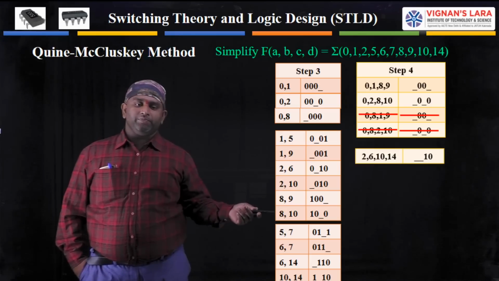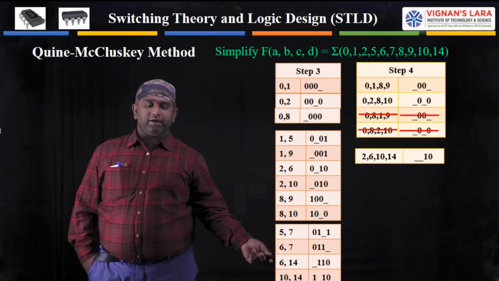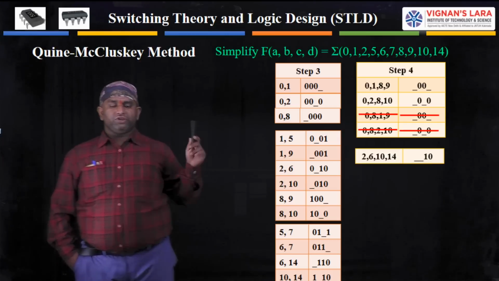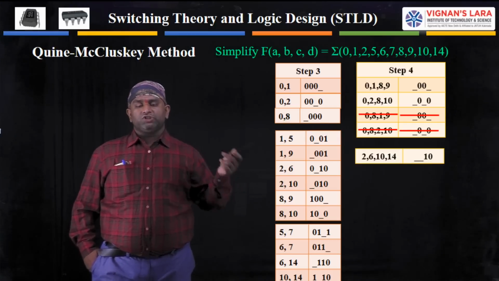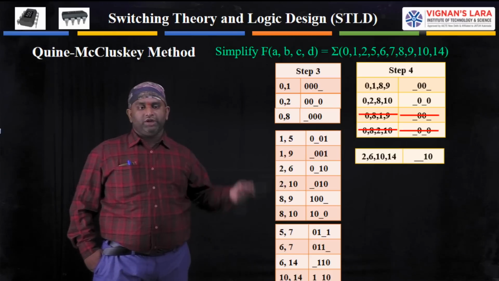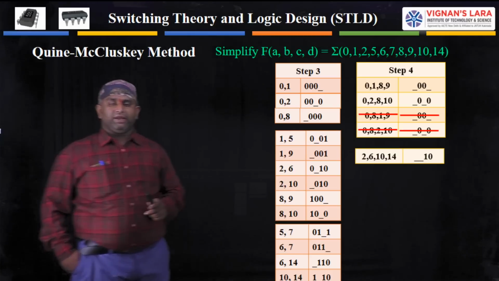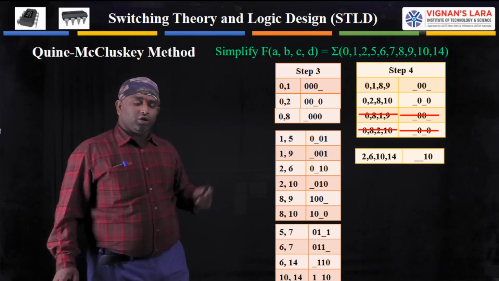Next, coming to 10 comma 14, that is 1 dash 1 0, so the first bit is 1 and the remaining bits are dash 1 0. In 2 comma 6 also the first bit is 0 and the remaining bits are dash 1 0. So only the first bit is differentiating, and we have written dash dash 1 0. So this is the final step.